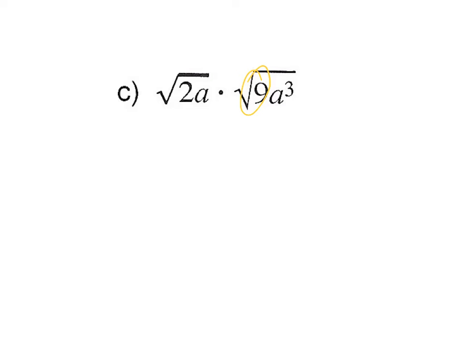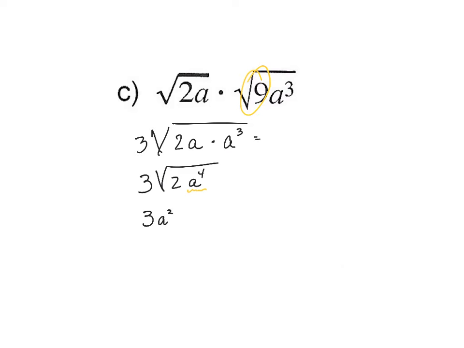If I bring that out, the square root of 9 is 3 times the square root of 2a times a to the 3rd, which is 3 times the square root of 2a to the 4th. And I'm hoping now you know that the square root of a to the 4th is going to be a to the 2nd. So I would have 3a to the 2nd square root of 2. And that is my simplified form of this right here.